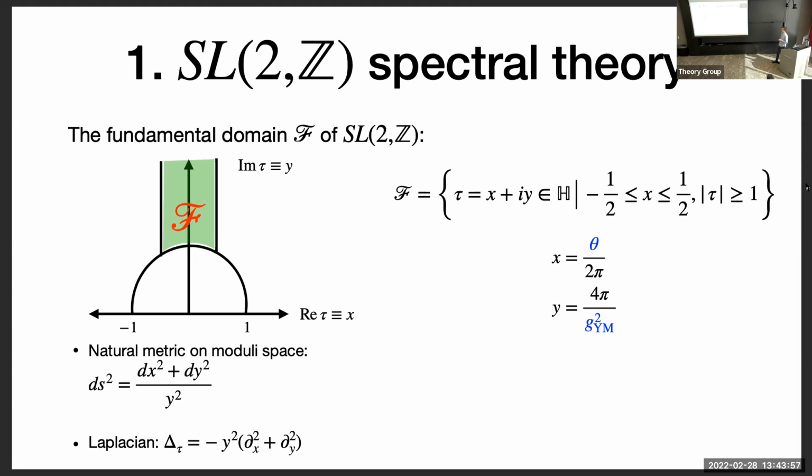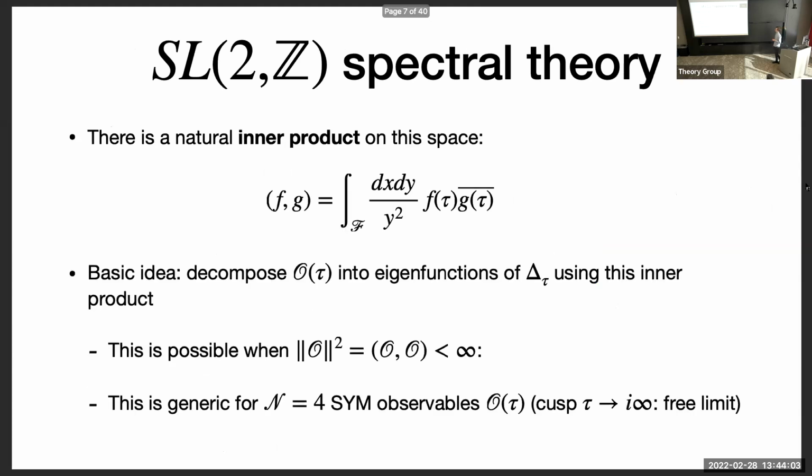And it comes equipped with a Laplacian, which is the following differential operator. And that will be important for us because there's a natural inner product on this space with respect to which that Laplacian is self-adjoint. It's simply given for two functions f and g by integrating them over the fundamental domain with respect to the usual Poincare metric.